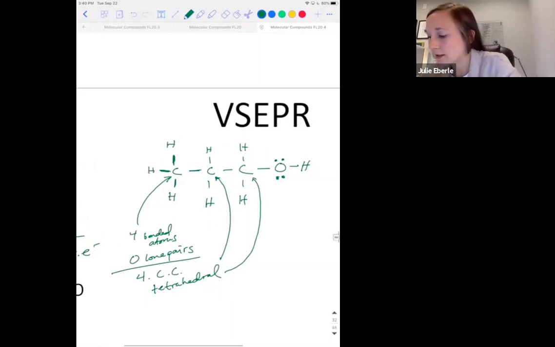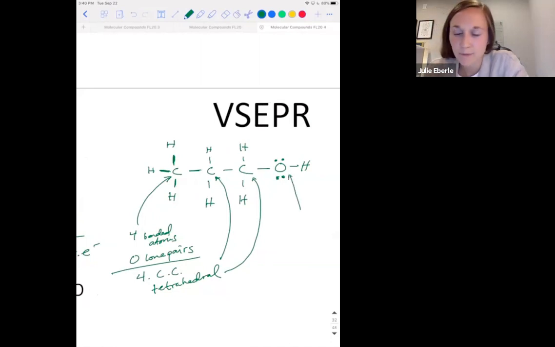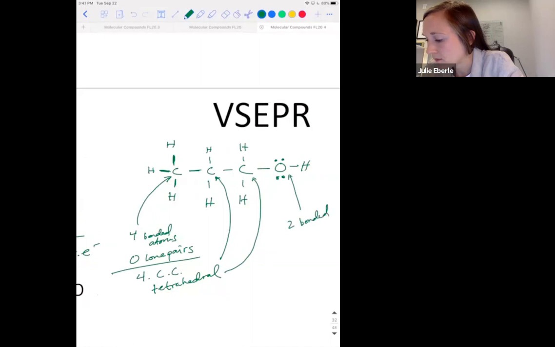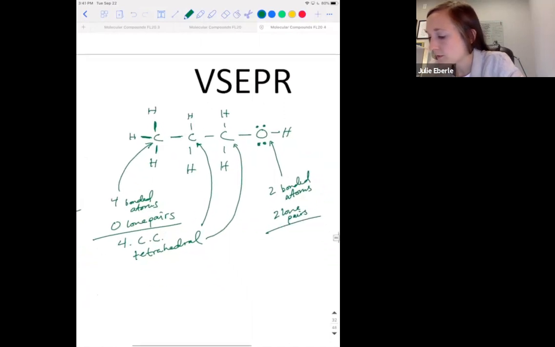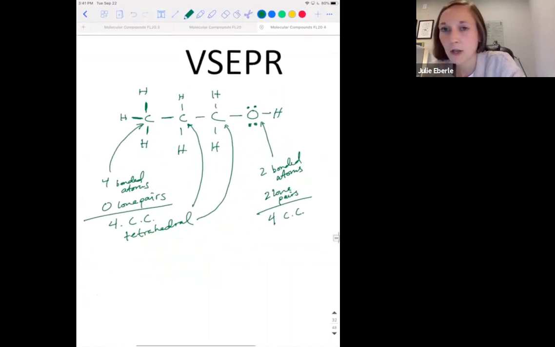All right, let's look at oxygen. What do we have? Well, we have 2 bonded atoms. And we have 2 lone pairs. So that is 4 charge clouds. But what do we call it if it's 2 bonded atoms, 2 lone pairs?